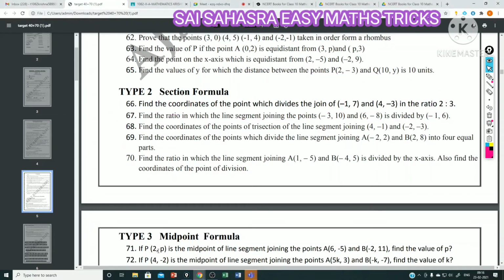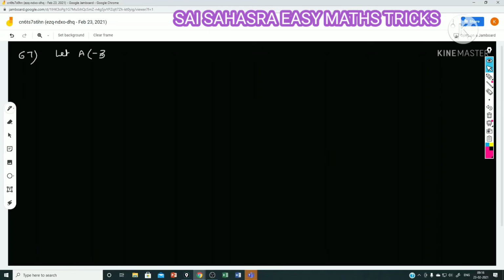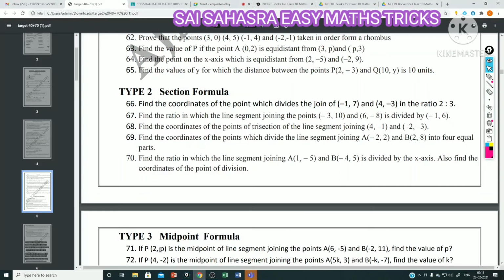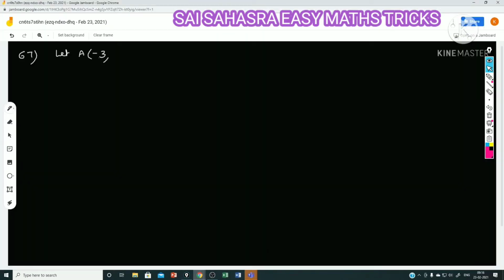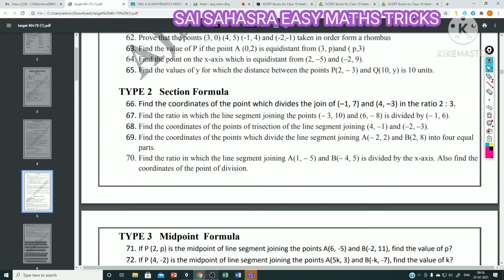67, finding the ratio. Let A point be minus 3 comma 10, and B point 6 comma minus 8 is divided by which point?